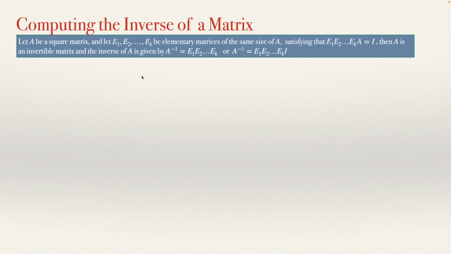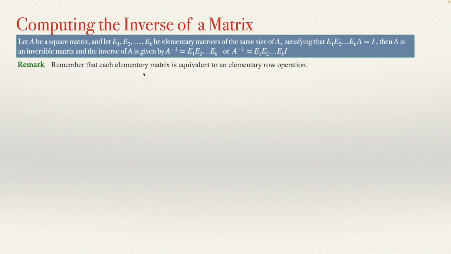Because we need to remember that each elementary matrix is equivalent to an elementary row operation. So multiplying all these matrices by I means the same as making row operations on the identity. And what row operations are you going to make on the identity? The same row operations that I make to convert A into I. So that gives me a way to obtain the inverse of a matrix.